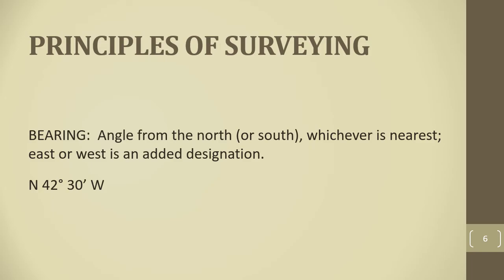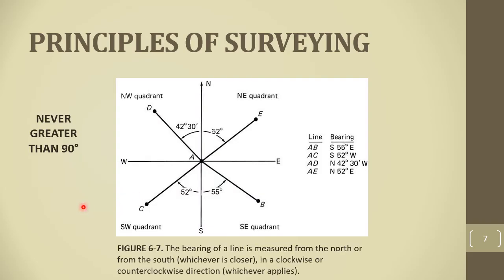It's an angle. It's either measured from the north or the south, with east or west as an added designation. For example, here, north 42 degrees 30 minutes west. And the bearings are usually in a northeast quadrant, northwest, southwest, or southeast, measured, notice, from the south or from the north.